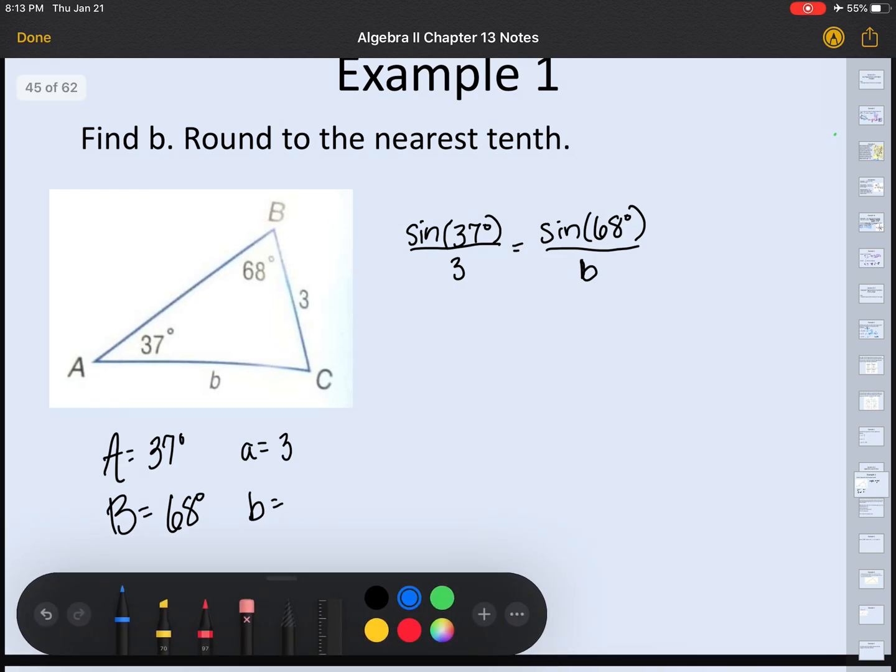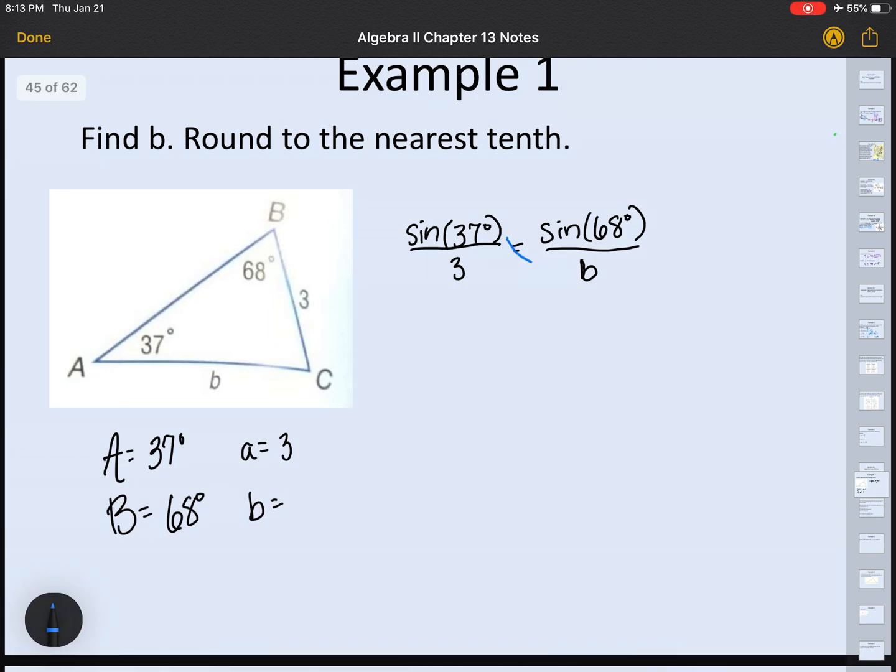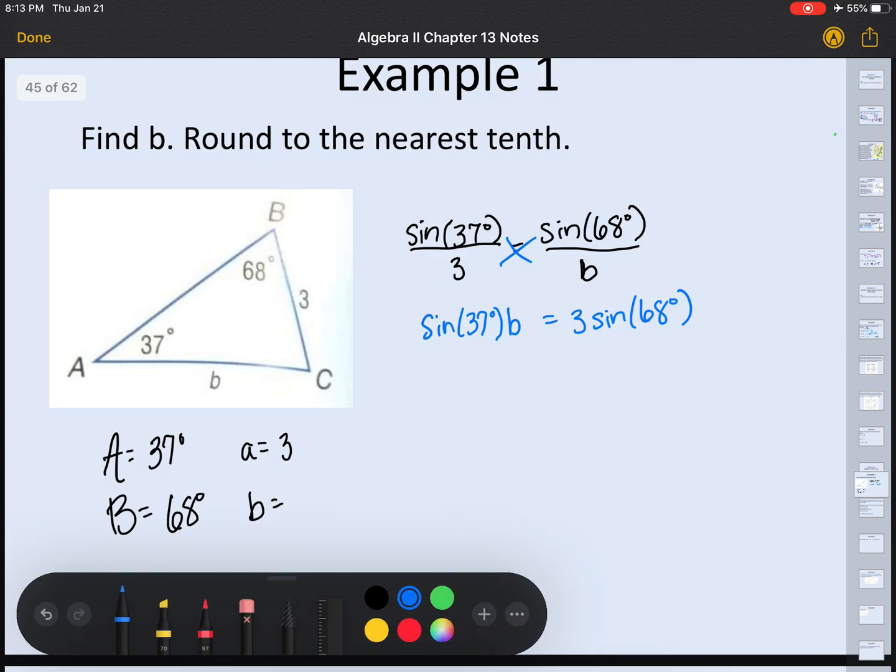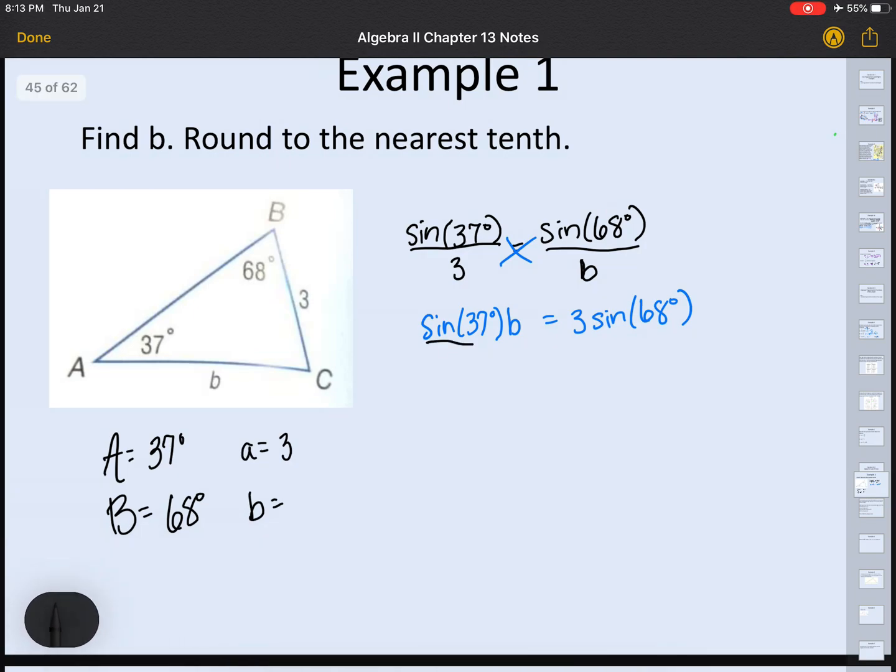So, since this is a proportion, we can cross multiply here. So we got the sine of 37 degrees times b is supposed to be equal to 3 sine 68 degrees. And again, we can get rid of sine 37 degrees by dividing to solve for b.